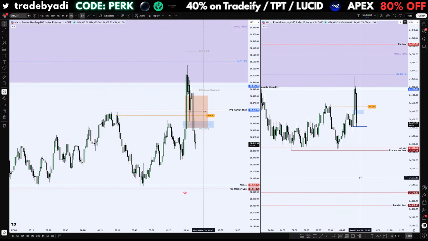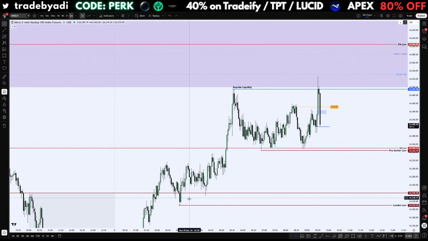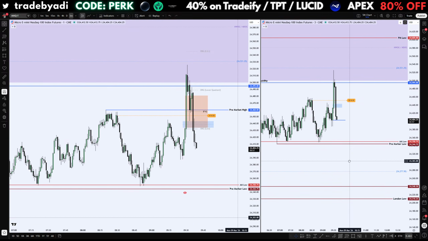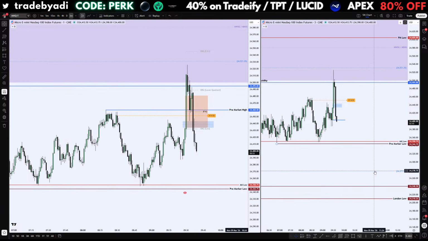So it is going to be a minor change in state of delivery, and this is the London low, right? The 3 o'clock low. I'm going to mark down the equilibrium of these two liquidities. The 24,277 will be the key area for me to book another partial, but 80% I'm going to book over here only.